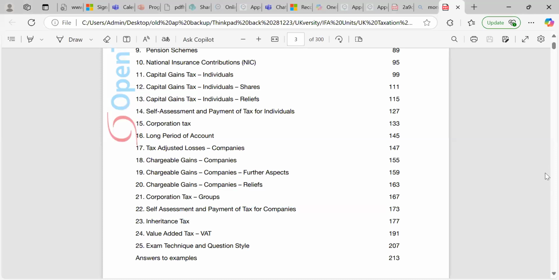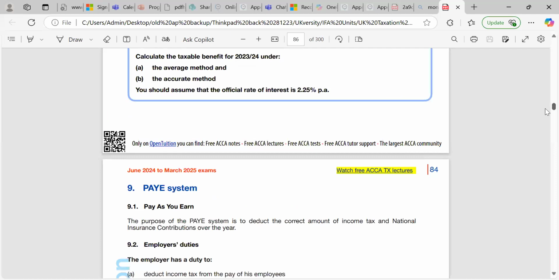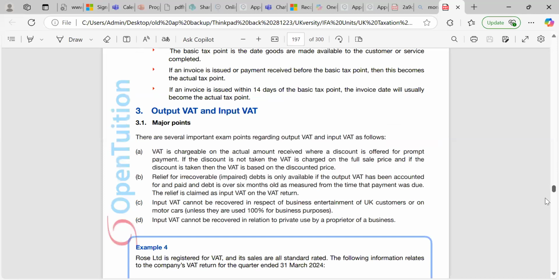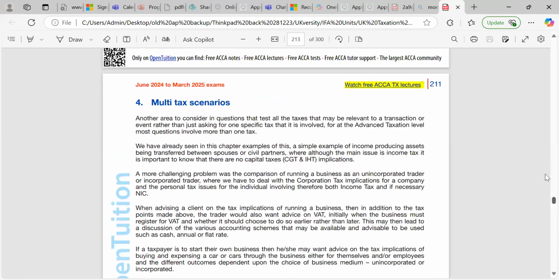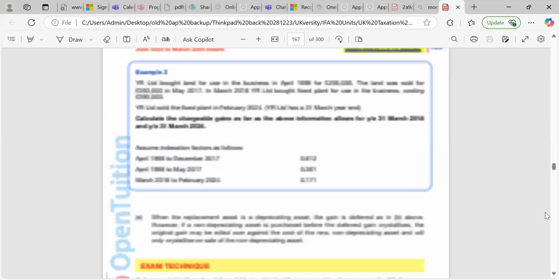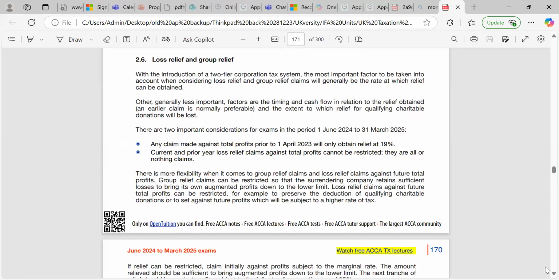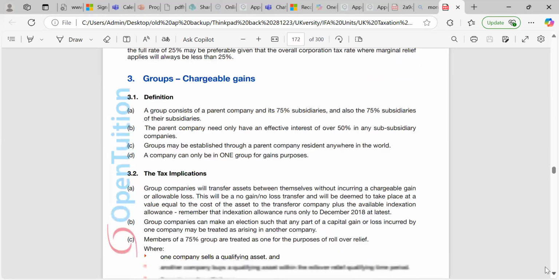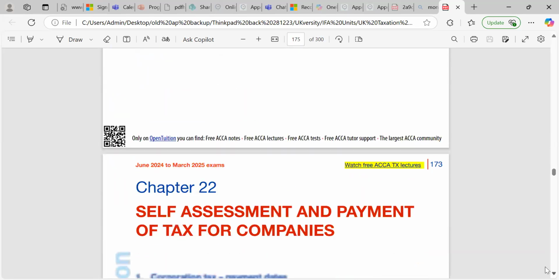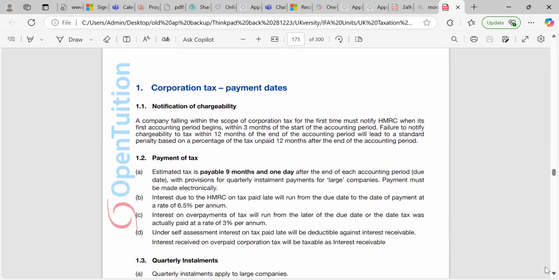I'll show you now. Scroll down to 173. Yes, guys, if you scroll down, you will see page number 173, self-assessment for company.